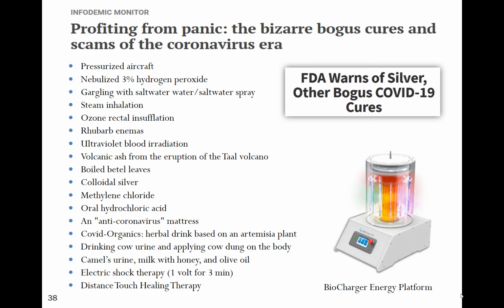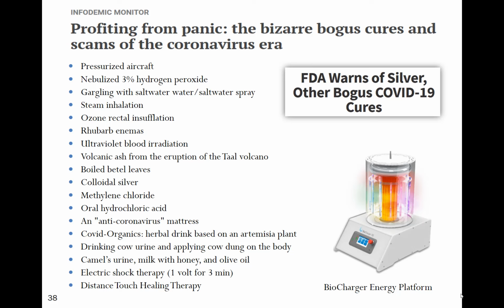Volcanic ash from the eruption of the Taal volcano, boiled petal leaves, colloidal silver, methylene chloride, oral hypochlorous acid, an anti-coronavirus mattress. So apparently this mattress has some kind of magical properties. It emits odors and other unknown factors that kill the virus. They're COVID organic, so a whole lot of influential people are promoting a bunch of really bogus cures.